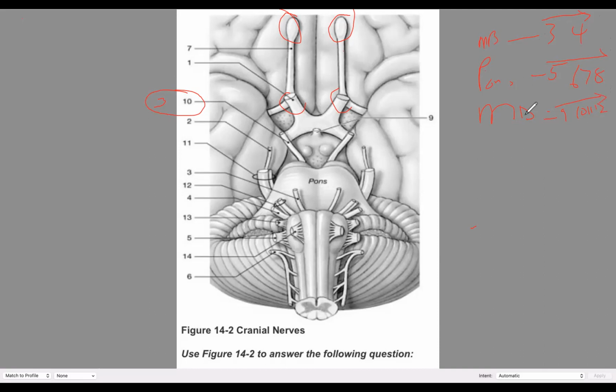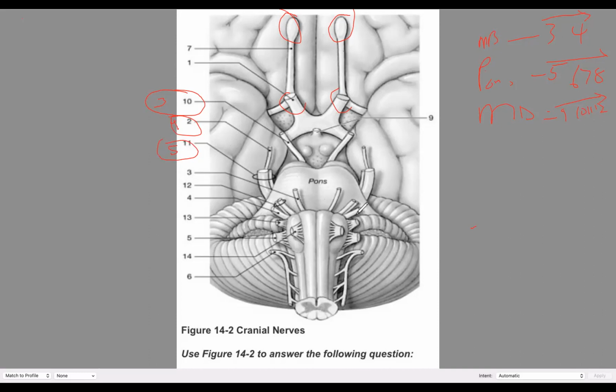Number 2 will be 4. Exactly. And then the bundle will be 5. Which is this one, right? Yes, the bundle. And then if you're looking medial, the medial will be 6. Which one?